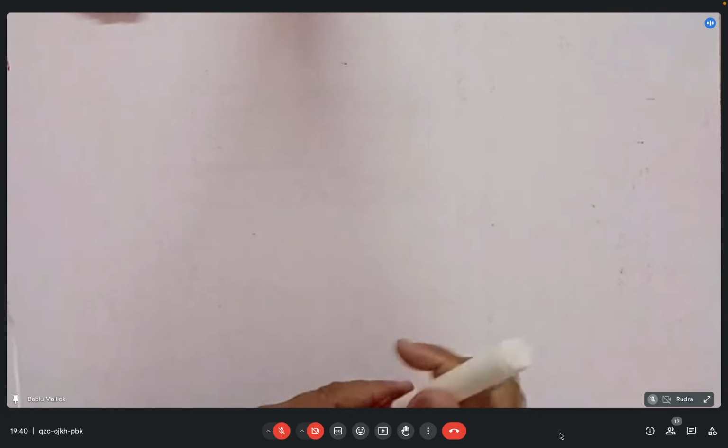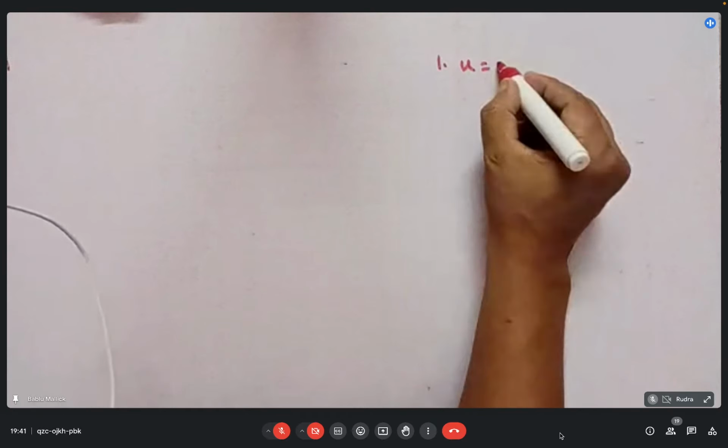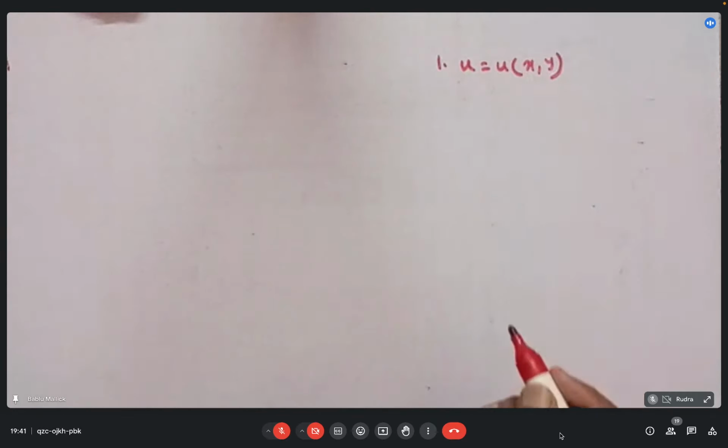Number one, first is number one. Look, let u is equal to a function of x and y, and x is equal to some function of t, y is equal to some function of t.